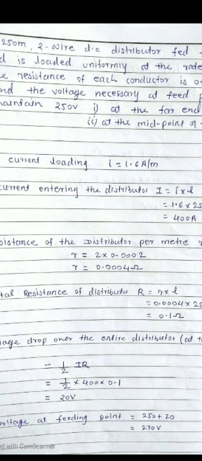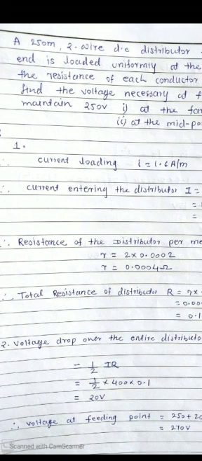The first problem is: a 250 meter 2-wire DC distributor fed from one end is loaded uniformly at the rate of 1.6 ampere per meter.